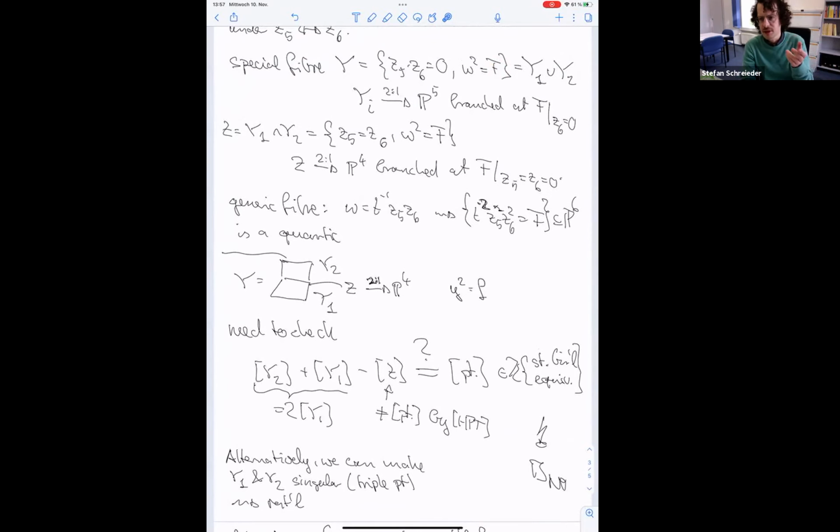There was not only the symmetry condition, but for instance, you have no condition whatsoever. What happens if you put Z5 and Z6 being 0? So this restriction is really a general quartic equation. So this is a very general 2-to-1 cover of P4 branched at a very general degree 4 equation.